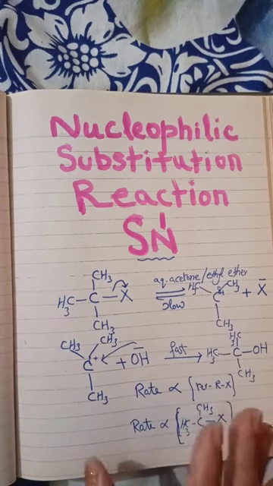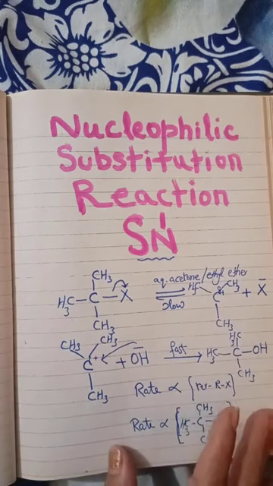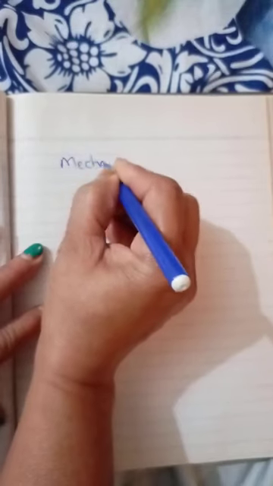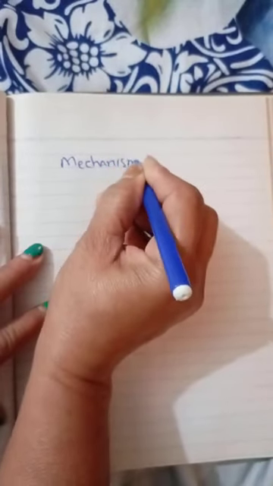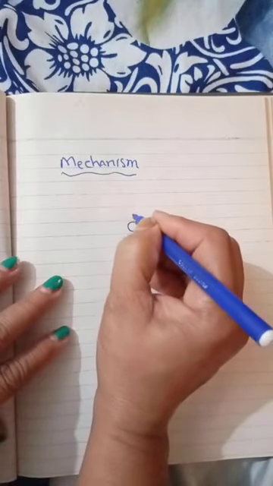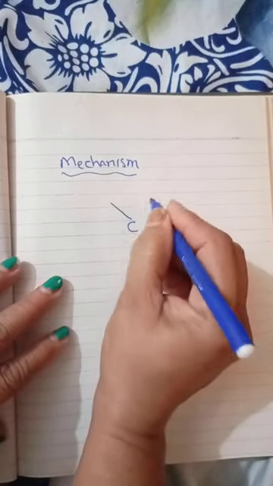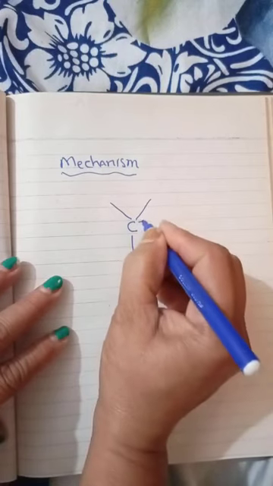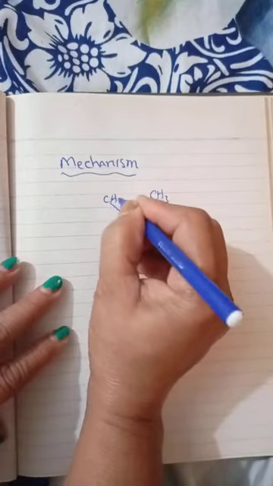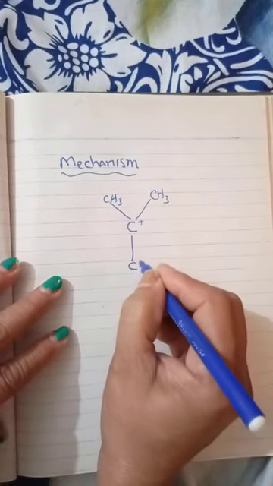Now how you get the retention structure and the inverted structure, let us see that mechanism a little. Now what is the mechanism? The mechanism is in this way. Take the carbocation, the carbon deficient by electron, a tertiary butyl carbocation.